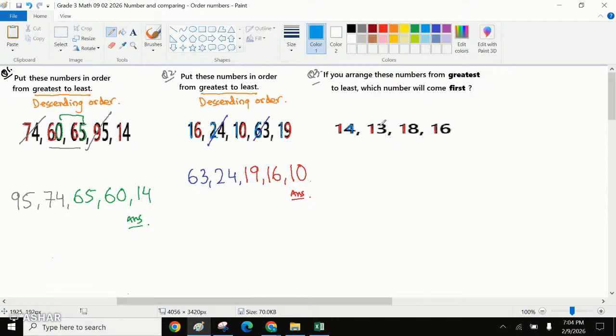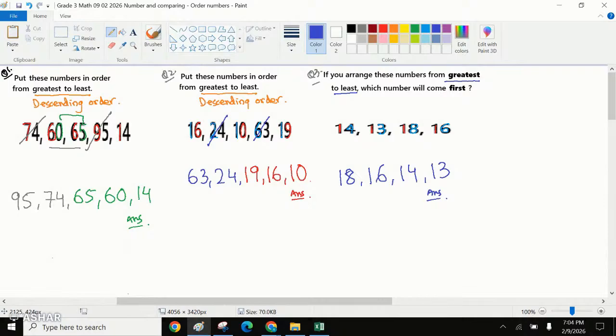This was a 4, this was a 3, 8, and 6. So we can say 18 is the largest because we are going from the greatest to the least. That means descending order. Thank you, May. 18, 16, 14, and 13 would be the smallest number in this given sequence.